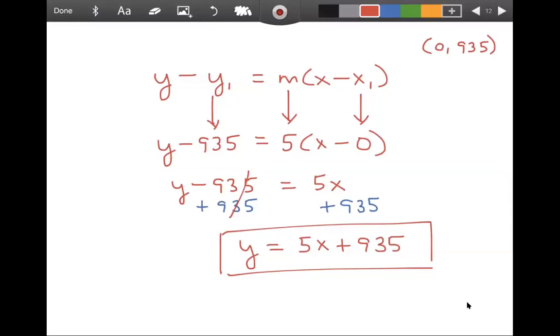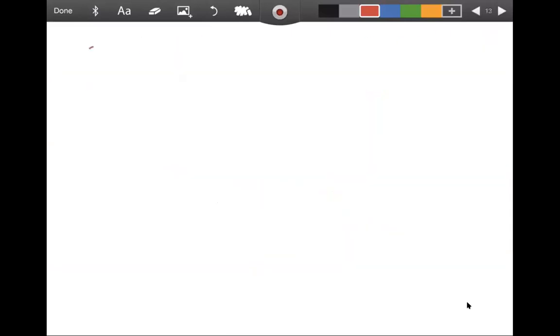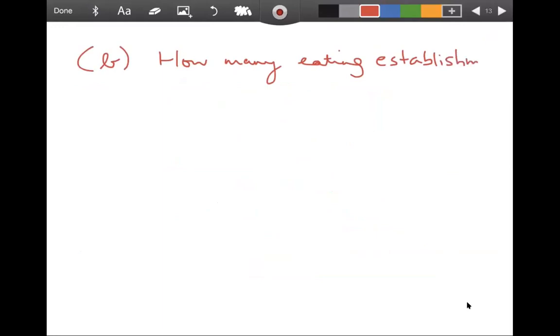For example, letter B, how many eating establishments... and keep in mind this is just a prediction.